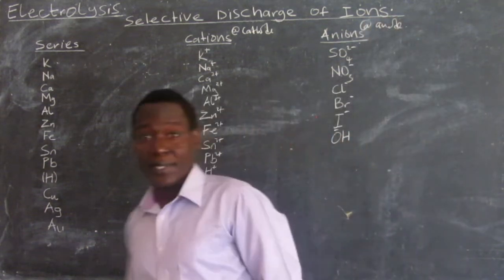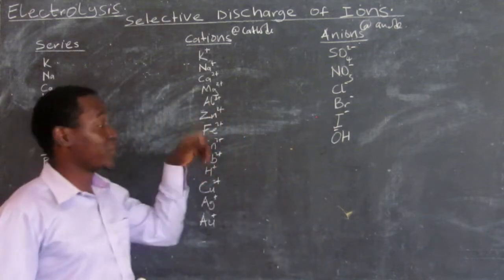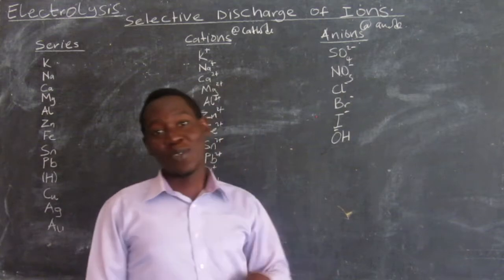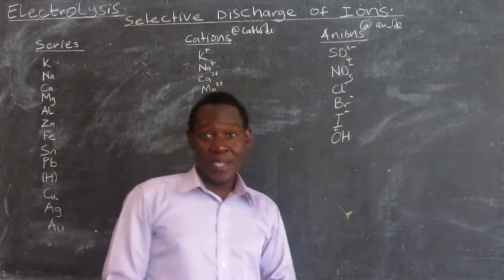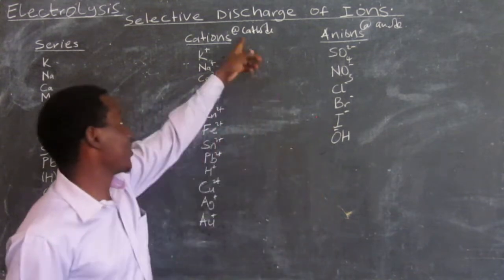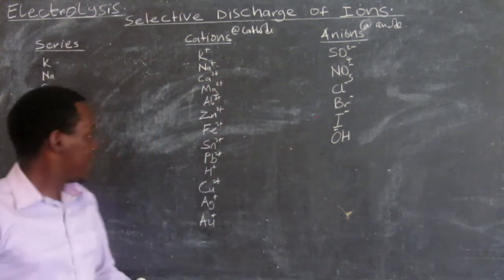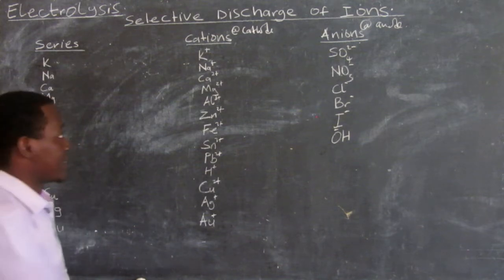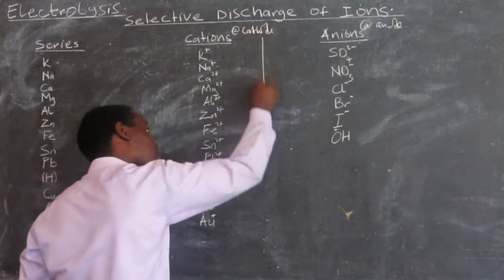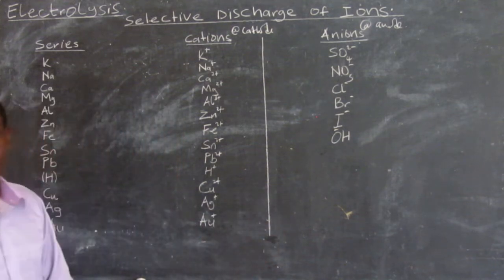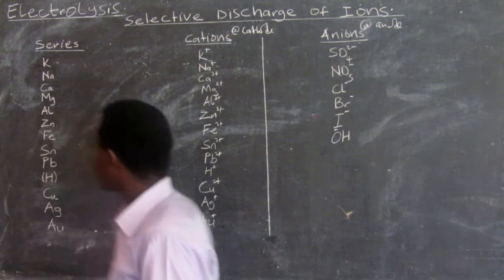Here the best concept is the positive ions go to the negative electrode to discharge, whereas the negative ions go to the positive electrode to be discharged, since we know very well that anodes are positive electrodes, whereas cathodes are negative electrodes. Now, in my discussion, let me first divide this into two, and first concentrate on the cations.